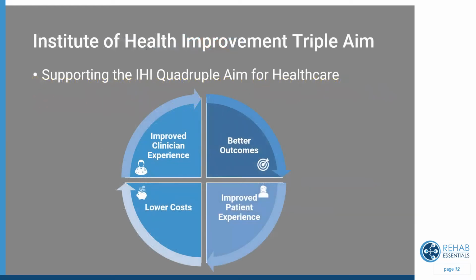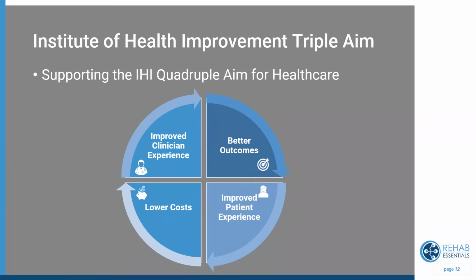Now, a third influencer is the Institute for Healthcare Improvement, which is well known for coining the phrase triple aim. And when I served on AOTA's quality team, and we attended the National Quality Forum meetings and conferences, the triple aim frequently came up in conversation. And the triple aim refers to better outcomes, improved patient experience, and lower costs.